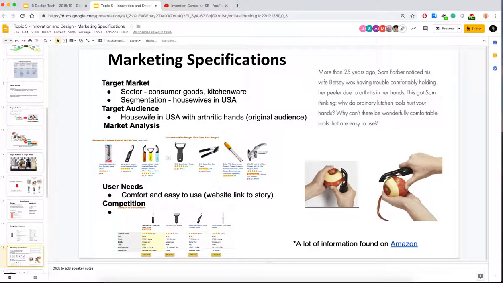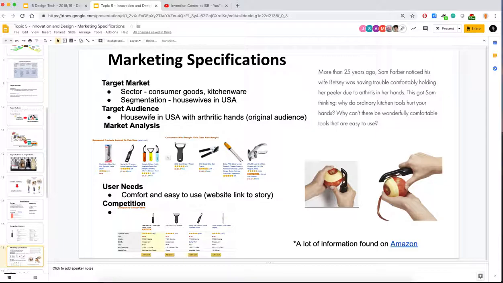If you looked at that same peeler, you can start to divide up the specifications for the market. So the sector is consumer goods, kitchenware. Segment it even more: it could be specifically housewives in the US. The audience is the same as the target market, so it's housewives in the US with arthritic hands.